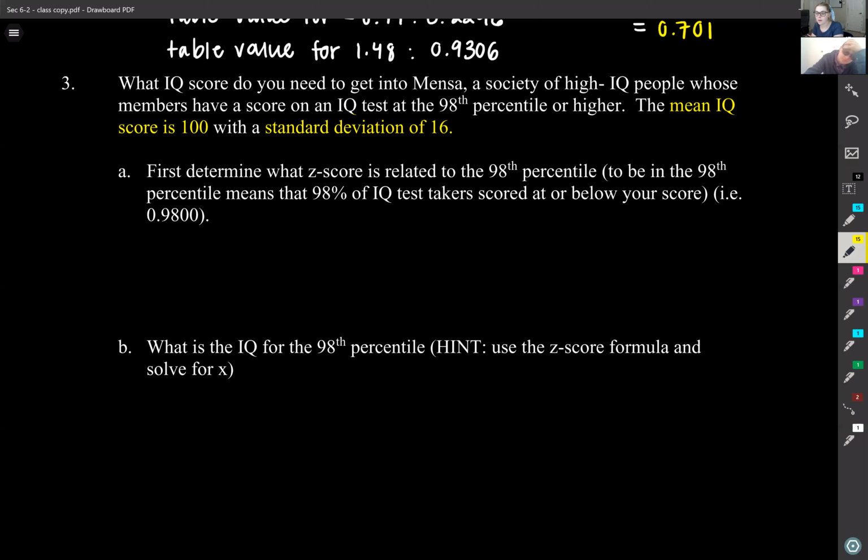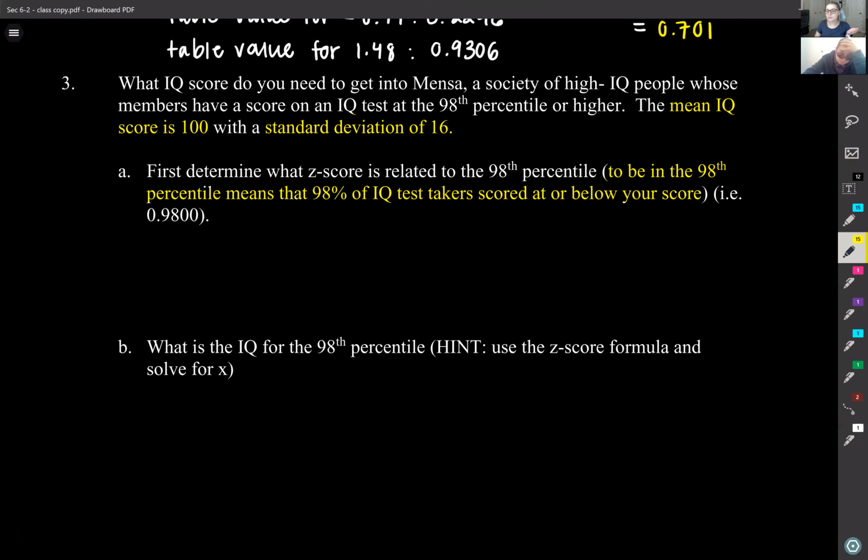So let's talk about what the 98th percentile even means, because this isn't vocabulary that we've really discussed before. It says, to be in the 98th percentile means that 98% of IQ test takers scored at or below your score.